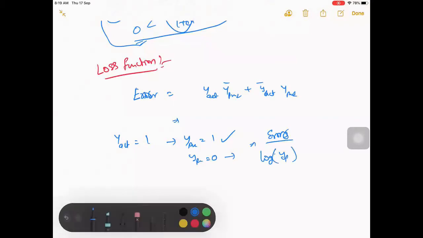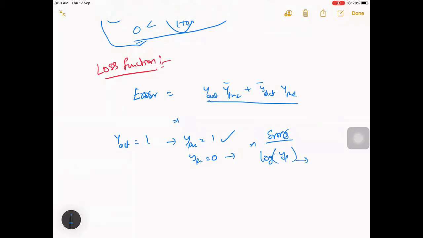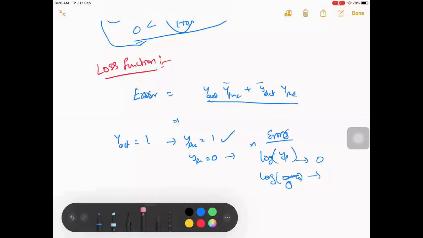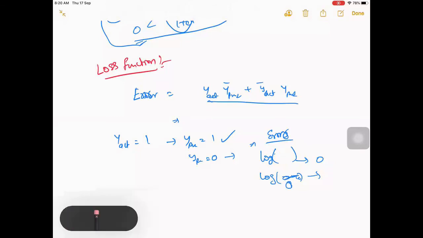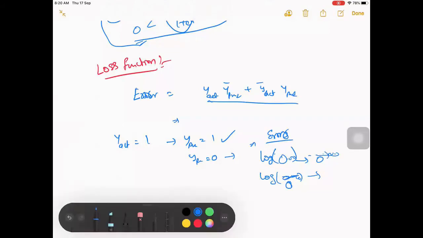In terms of log, what will change is, earlier we used this way. Log of 1 is actually 0. When it goes towards 0, like 0.0001, this value will be huge. Log 0 is going towards infinity, and when the value is 1, then it is 0, right?